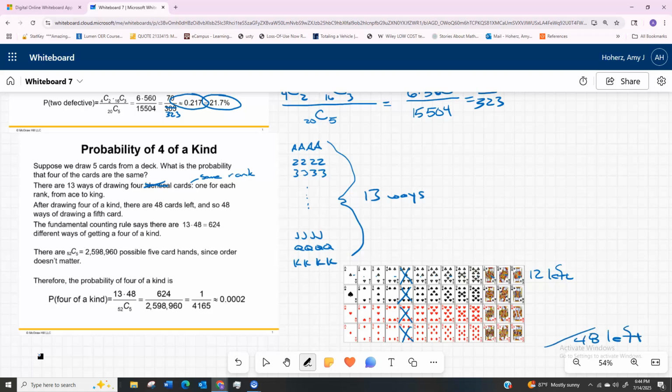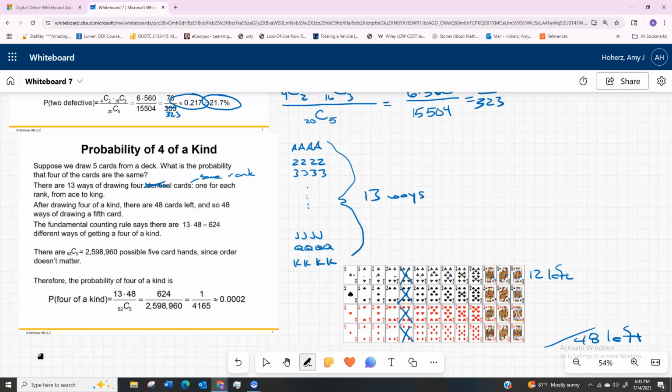So we have 13 ways to get our 4 of a kind, from all aces to all kings, and then we have 48 ways to pick that remaining card. And the order doesn't matter. We're just talking about a hand of cards. It doesn't matter which order they were dealt in.